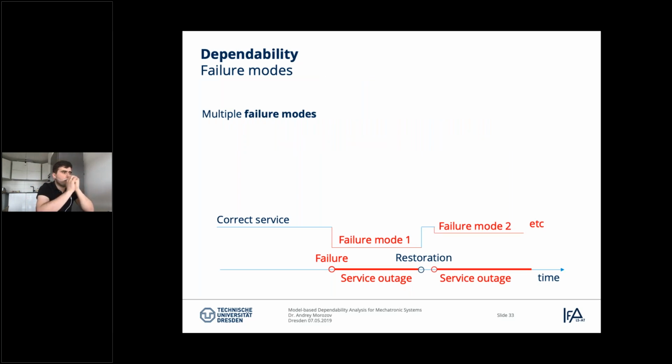Now, when the system operates correctly, it operates correctly. When the system has failed, it can fail in different ways. For example, our speed sensor can give us no data at all, and this is one failure mode.